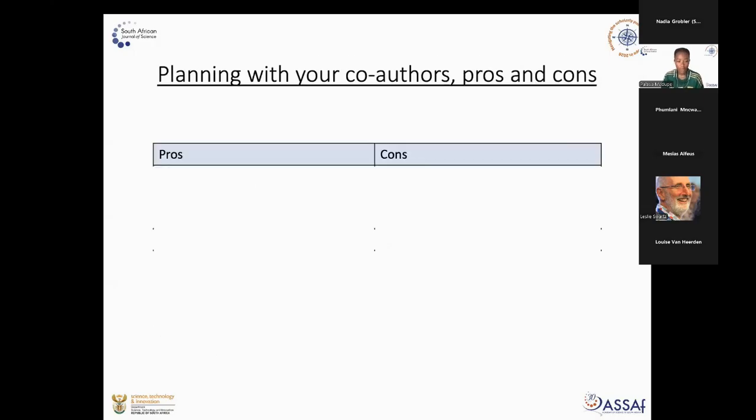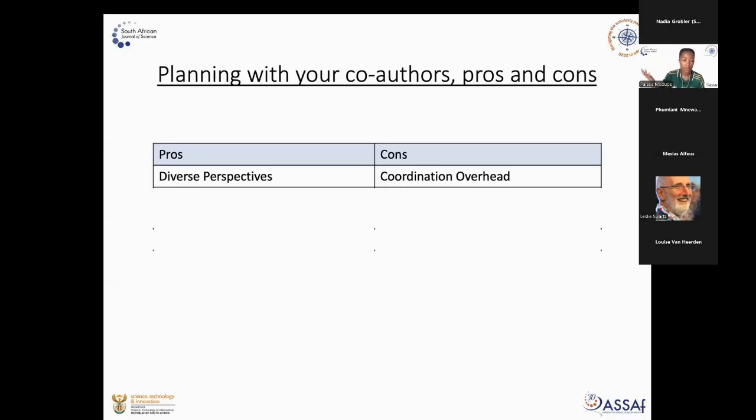So let's go through the pros and cons of planning with your co-authors. One, diverse perspectives, that is always going to be an advantage. You get to see how people view and interact with your data. But the problem is the coordination, which is going to require a lot of navigating, getting people in the same location and times, and sharing documents, which requires a lot out of you.